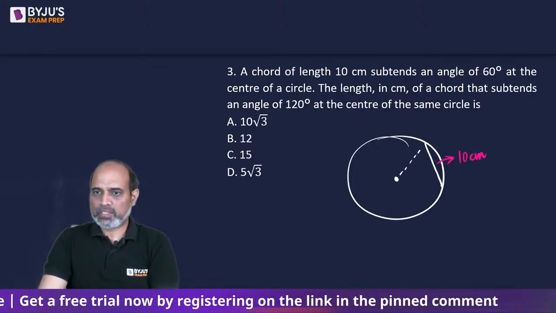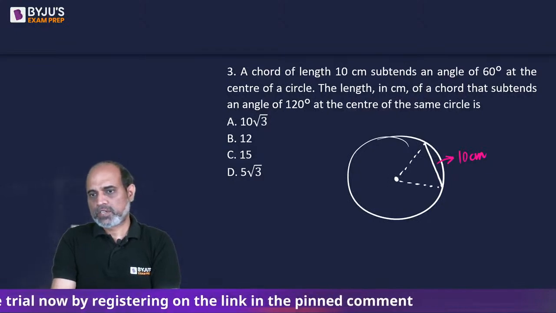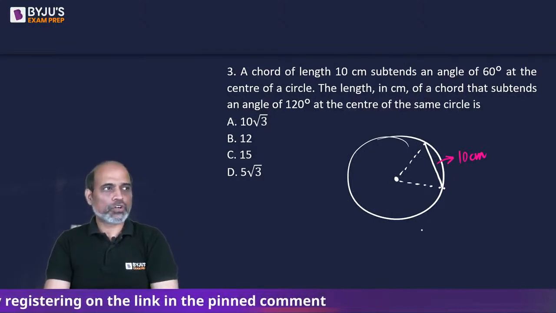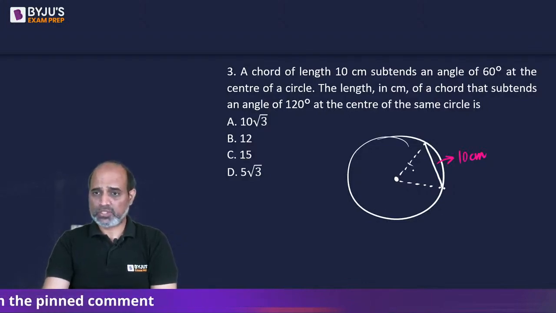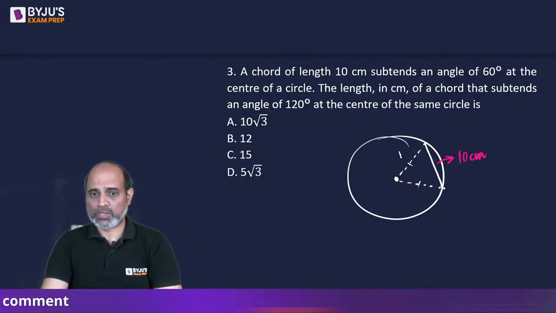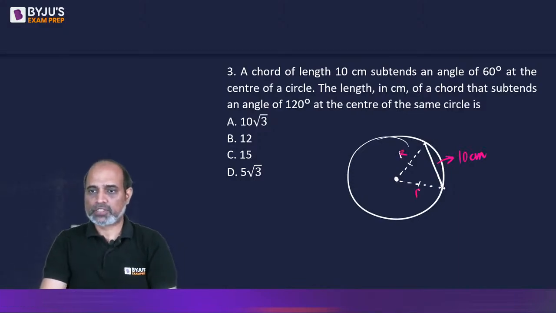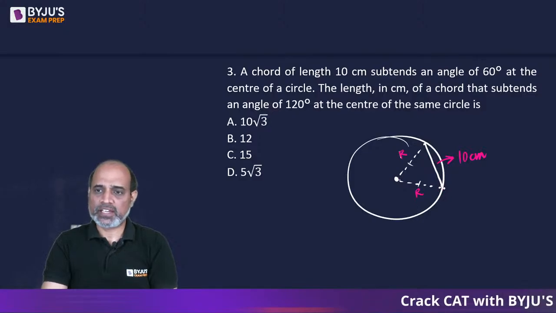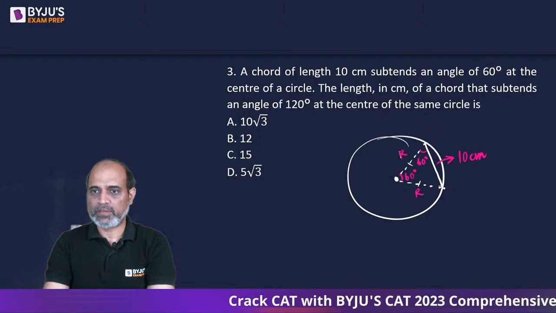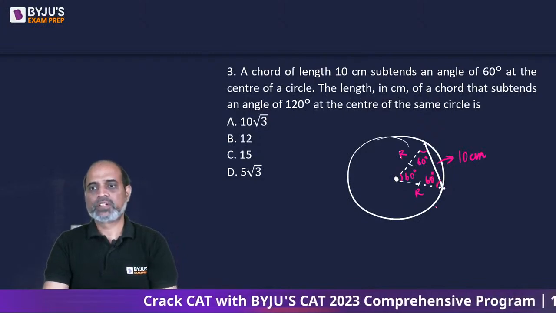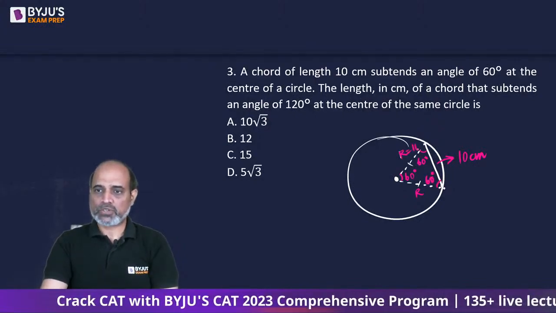And if we join this, whenever you join the endpoints of any chord with the center, you always get an isosceles triangle. So these two sides are equal, which is going to be equal to the radii of the circle, right? And since this is an isosceles triangle and it makes an angle of 60 degrees here, that means it turns into an equilateral triangle. So that means the radius is also going to be 10 centimeter.